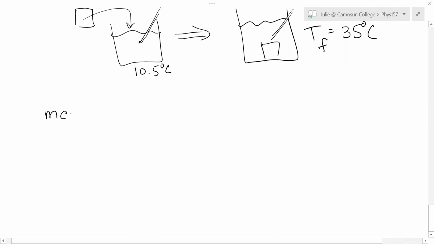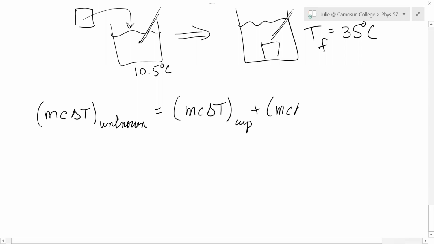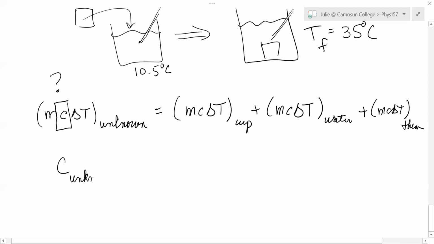That MC delta T for the unknown substance equals the MC delta T cup plus MC delta T water plus MC delta T thermometer. Now the unknown is this one. So that C unknown would equal all this stuff on the right.